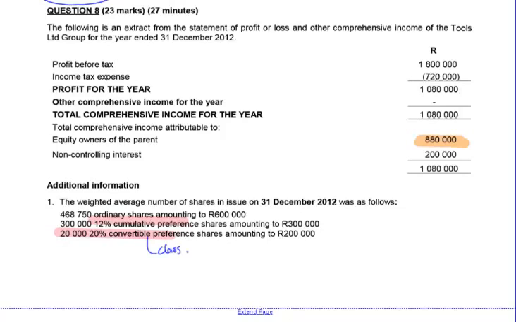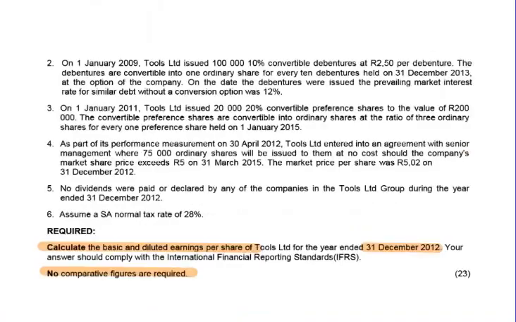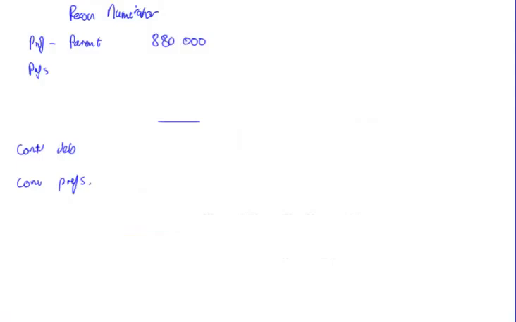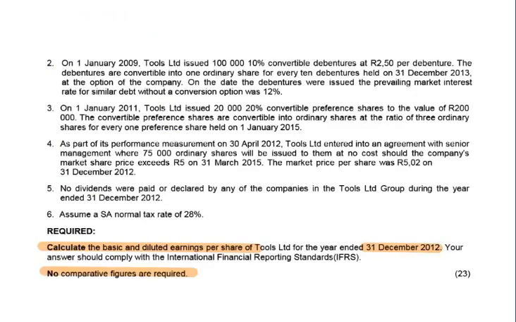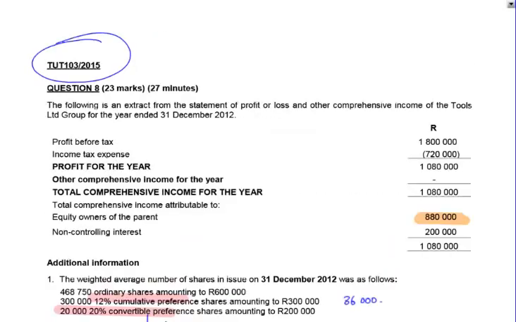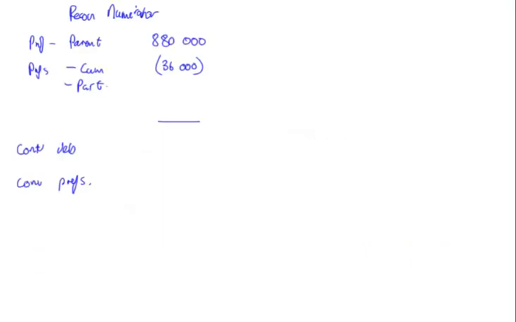For cumulative prefs, that's telling us that 36,000 is going to be our preference dividend, regardless of what they paid. So we're going to have the cumulative prefs, 36,000, and then the participating prefs, they get a participating dividend of 20% of 200,000, that is 40,000.